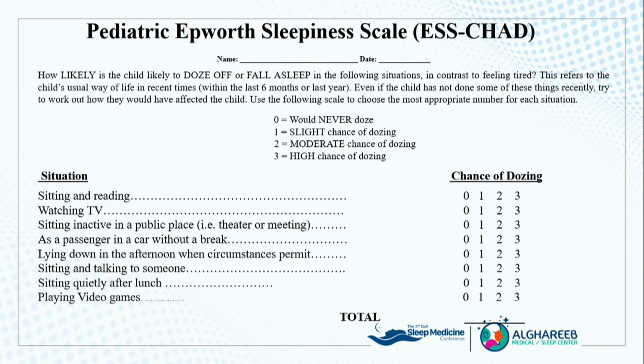That tells that his eyes shut without permission. So with sitting and watching, you score him 0 for no. If it is yes, it is either a little chance, 1, moderate chance, 2, or always, 3.